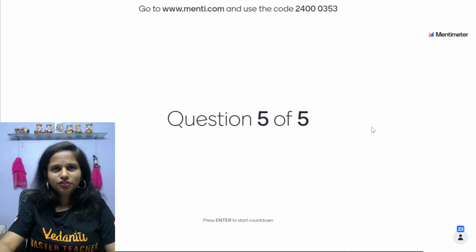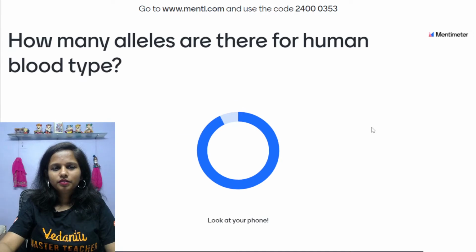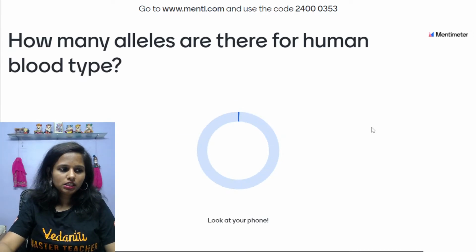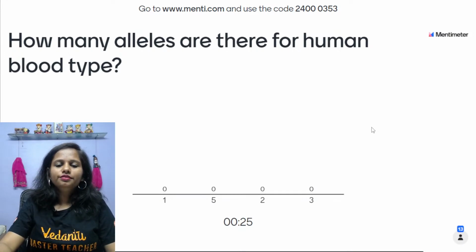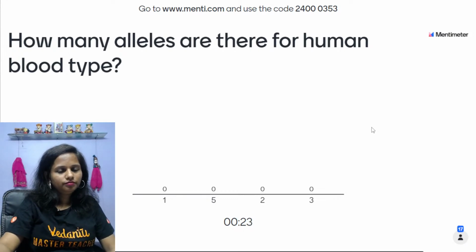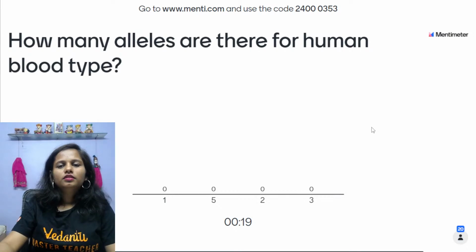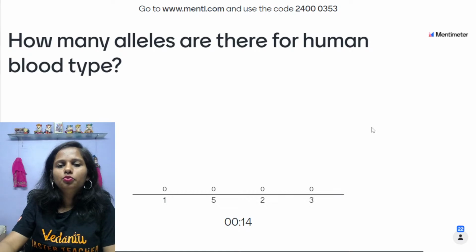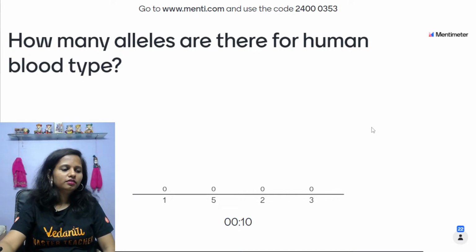Question number 5 flashing on your screens now. How many alleles are there for human blood type? How many alleles? 1, 5, 2, 3. How many alleles are there, beta? Blood group A, blood group B, blood group AB, blood group O. How many alleles are there? Boyana Venkatarao says 2.